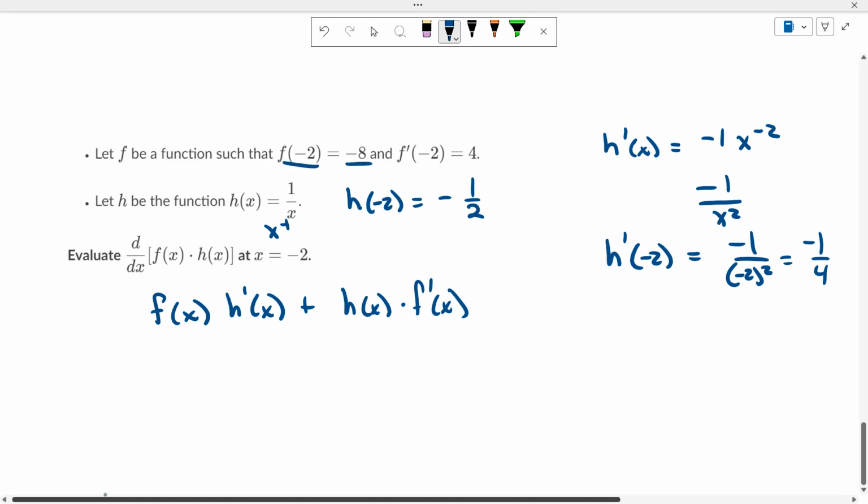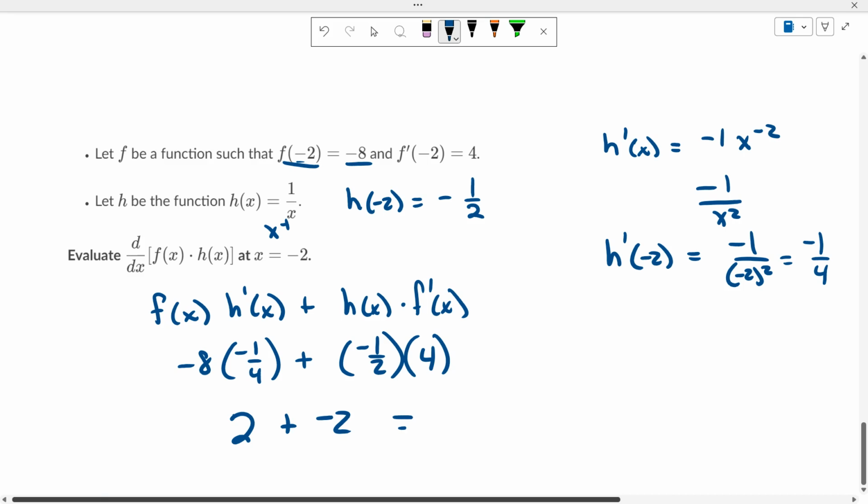So f of negative 2 is negative 8 times a negative 1/4, because h prime of negative 2 is negative 1/4, plus h of x. H of x would be negative 1/2. First derivative of negative 2 is 4. So this is 2. This is negative 2. Works out to be 0.